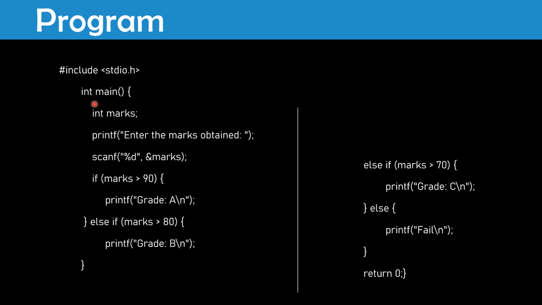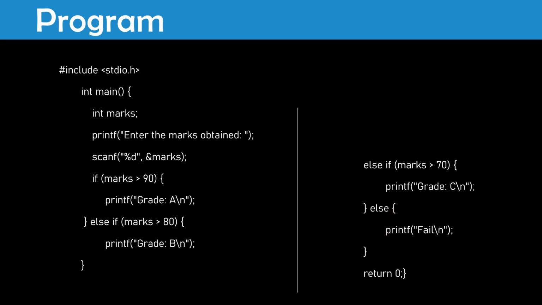So here I wrote int, so here return 0. We need to store the marks of a student, right? So int marks, print enter the marks of the student obtained. He will enter the marks. If marks are greater than 90, we will print the grade is A. Else if marks are greater than 80, we will print grade B. Else if marks are greater than 70, we will print grade C. Else fail.